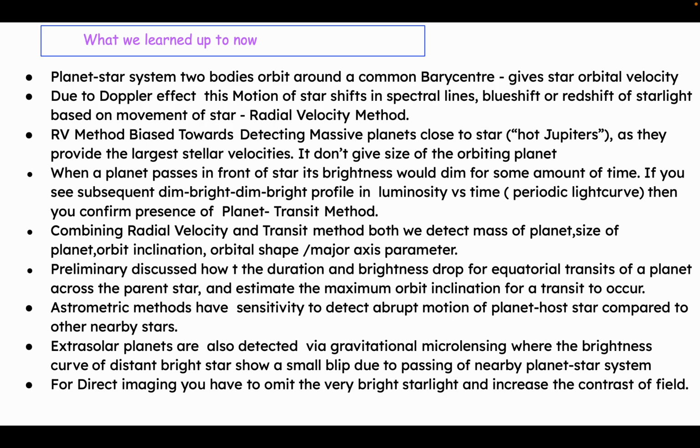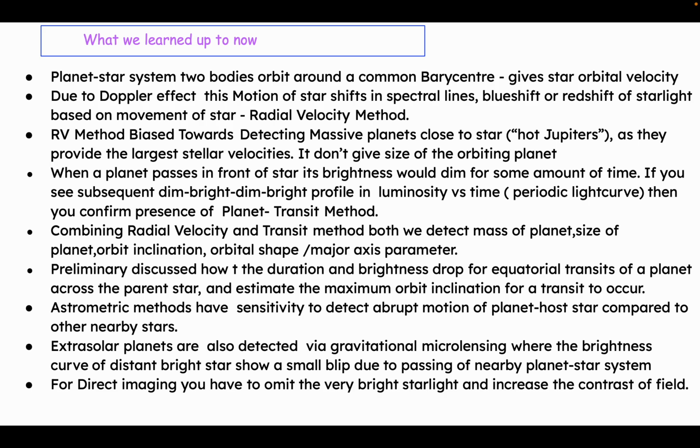So now this is a summary of what we learned with the previous day's lecture and today's lecture. The planet-star system, this two-body system, orbits around a common center of mass, sometimes known as the barycenter. So the star has an orbital velocity.